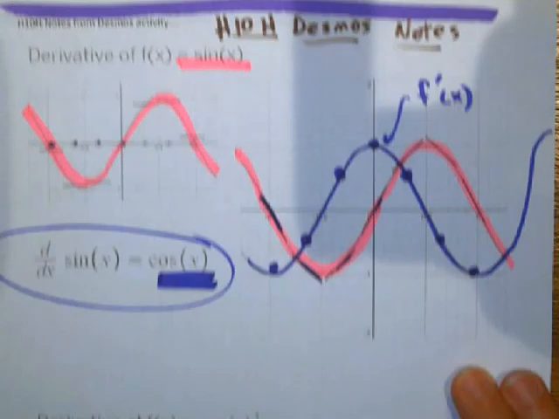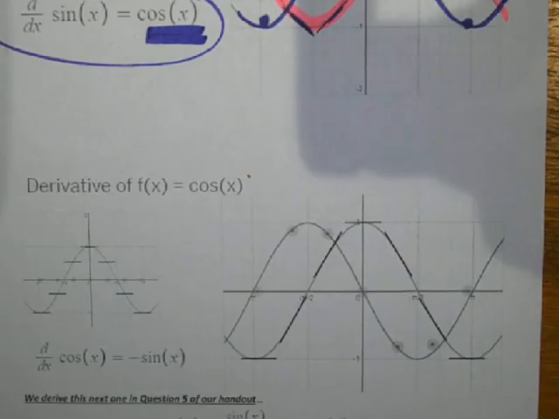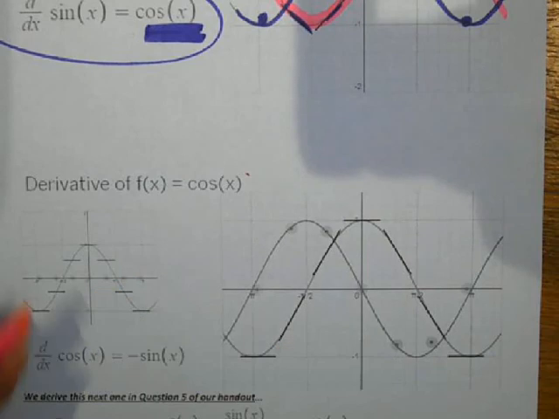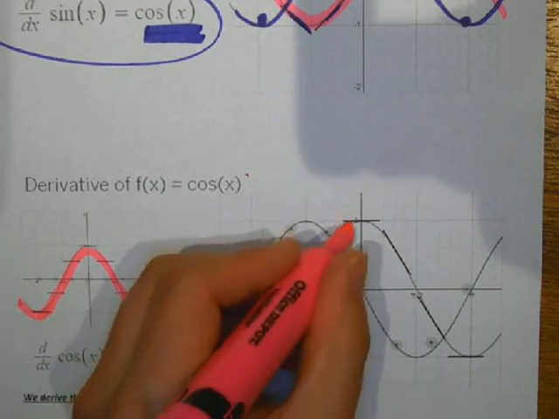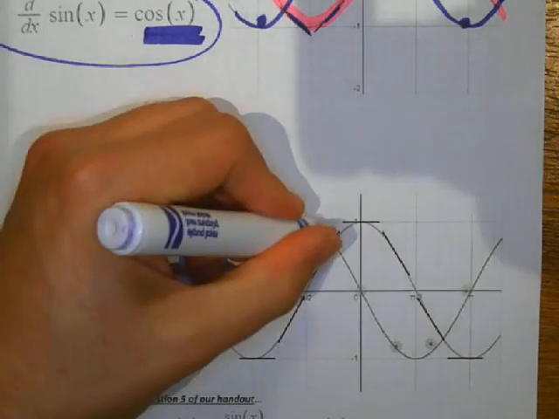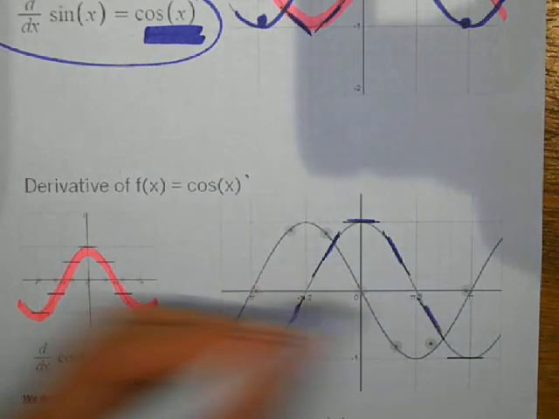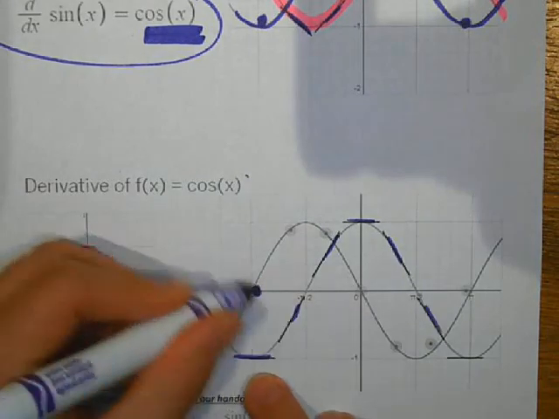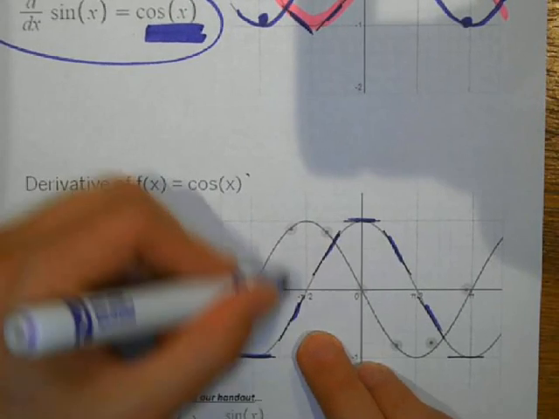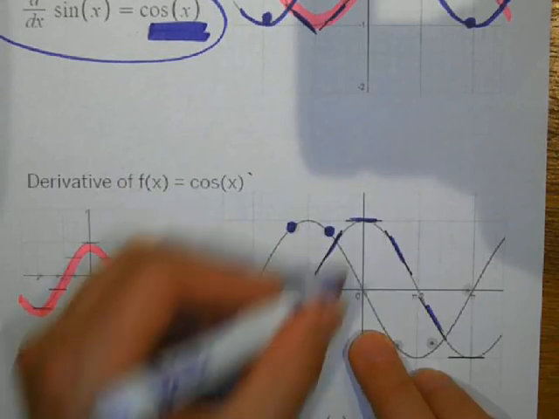Okay, and then from this, here's a cosine graph, and if I move those little dots to make the slope match, these dots represent the slope at these parts of the line.